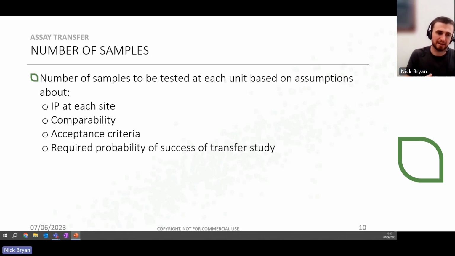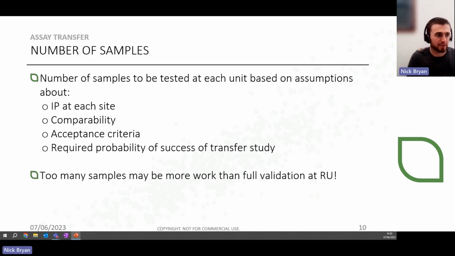Okay, well, that's too many, so we're now going to have to either use a different method, or we're going to have to change our acceptance criteria in order to meet reasonable sampling procedures. Or if we end up with a really high sample number, we have to then actually consider, is it actually less work to just do the full validation in and of itself at the receiving unit?